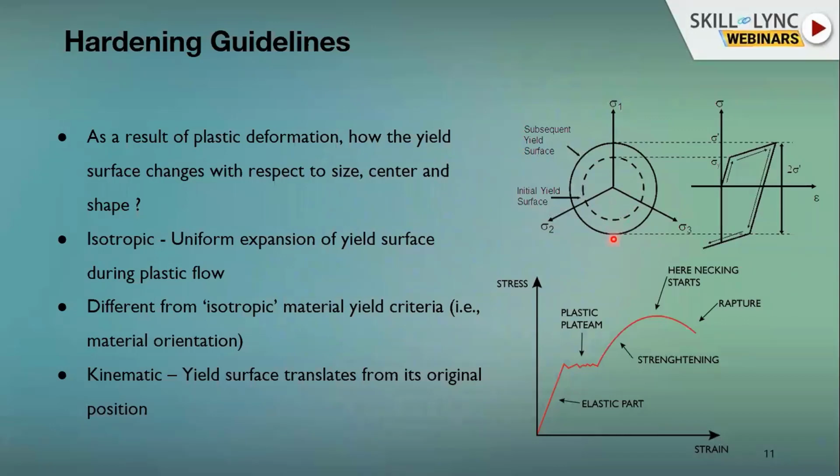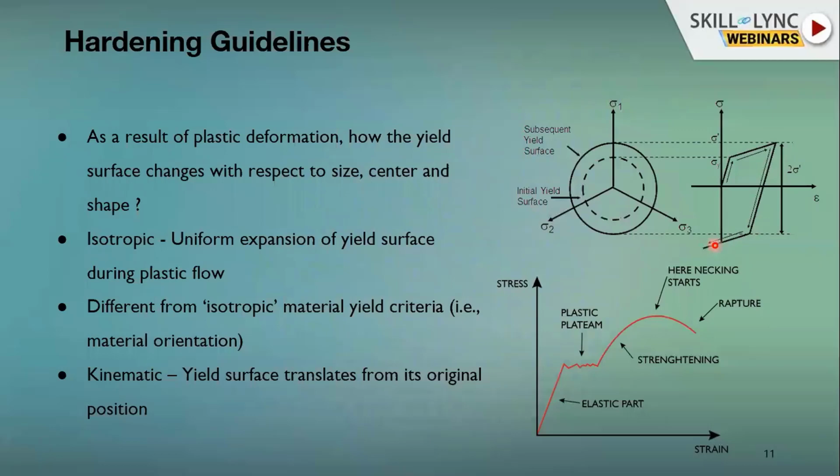So when there is isotropic hardening, which means there is a uniform expansion of the yield surface in all directions, be it sigma 1, sigma 2, sigma 3, your yield surface is going to expand uniformly in all three directions, circular in nature, as you see over here. When you see it plotted in 2D, in the other section, this is how it looks.